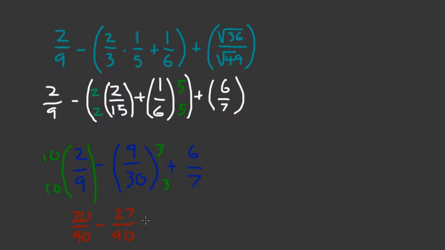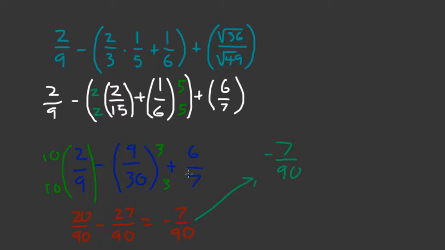So this and this is going to be equal to negative 7 over 90. All right, so we have negative 7 over 90. So let's put this over here, because we took this and put it up there.